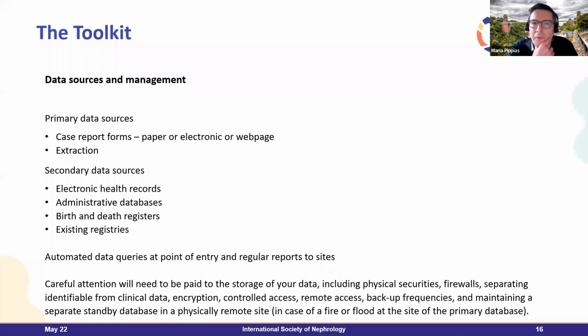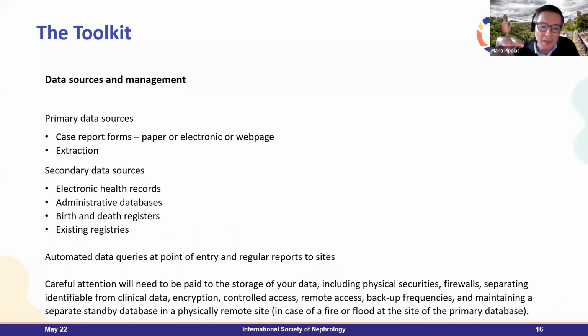Data can come from a number of different sources, primary data sources, so case report forms, which can be paper or electronic or a website, or extraction. So in the UK Renal Registry, we extract our data from electronic health records in every kidney unit.